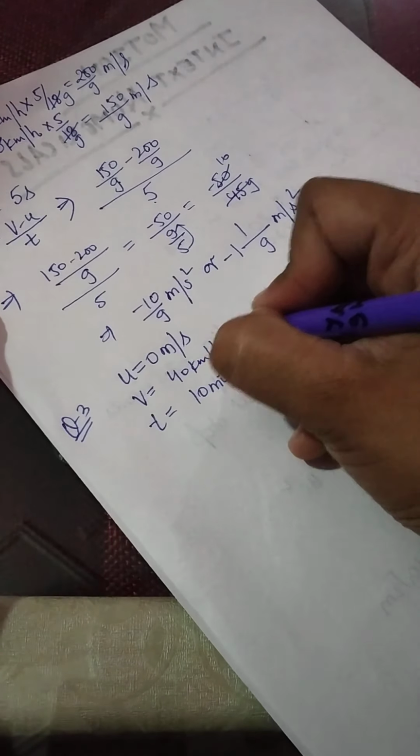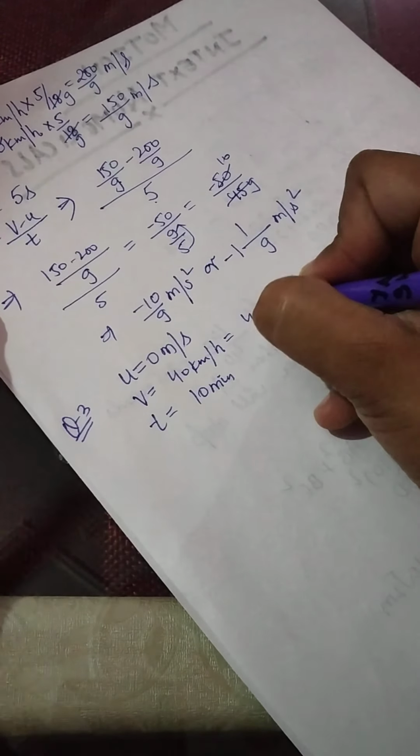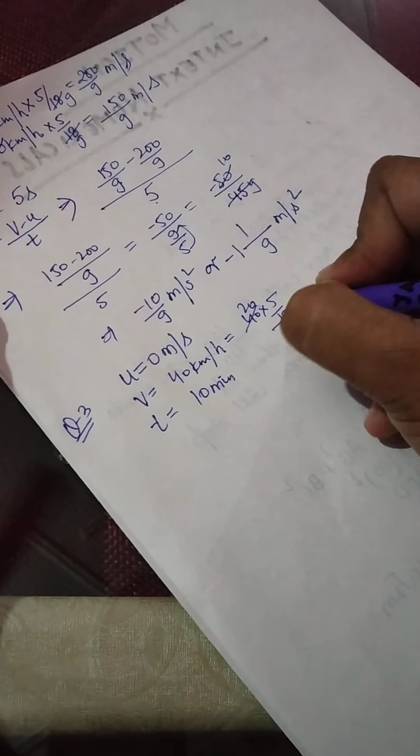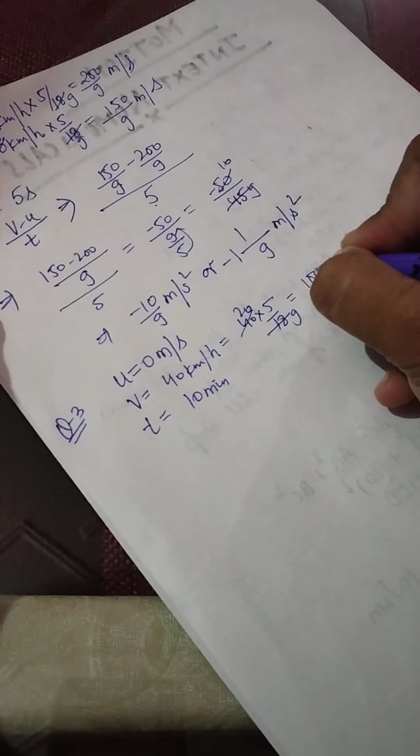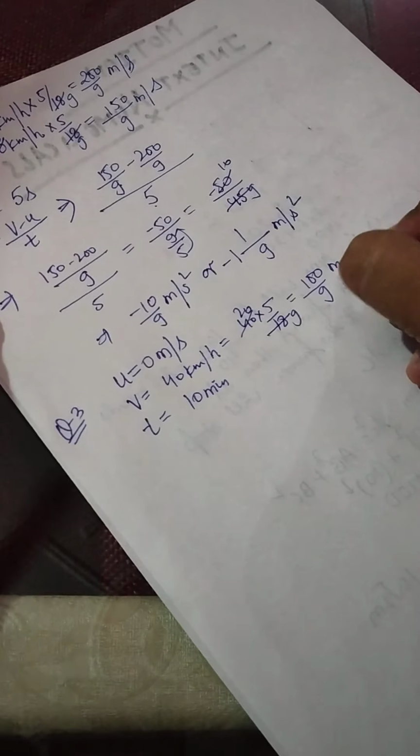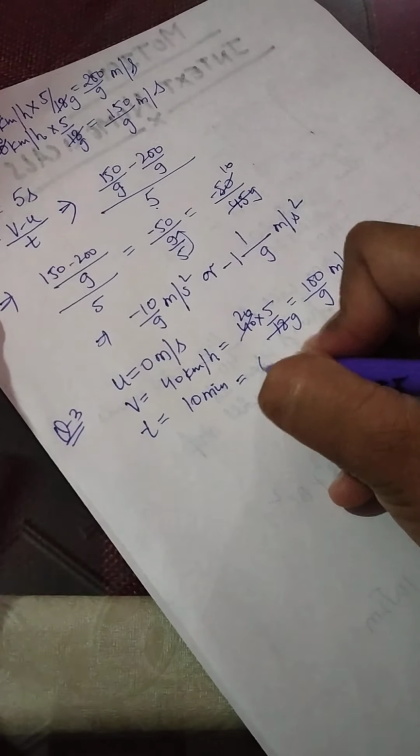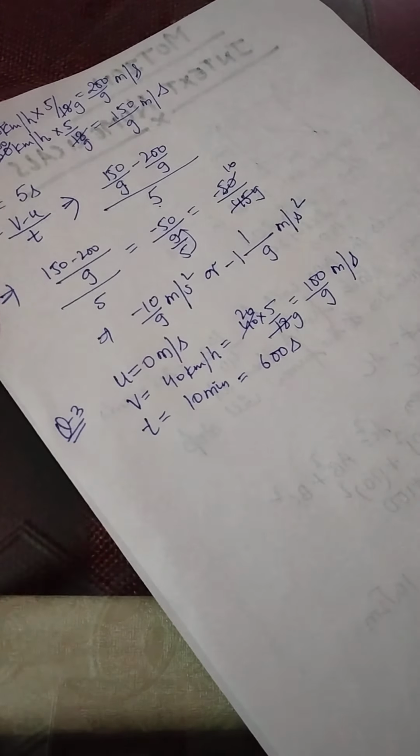We'll convert this into meters per second firstly. It would be 100 upon 9 meter per second, and converting minutes into seconds, it will be 600 seconds.